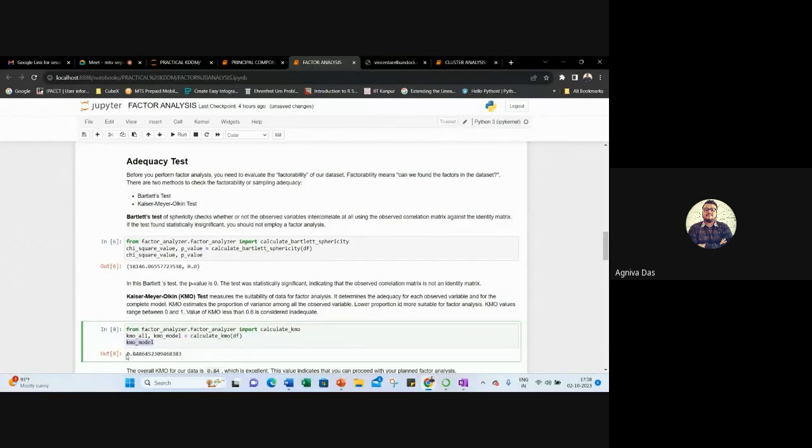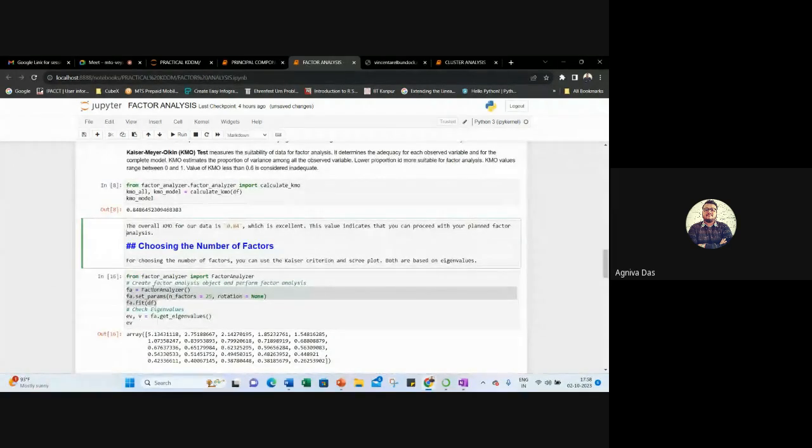We see it is 0.848625, which is very well above 0.5 or 0.6, so factor analysis might be very helpful here, and it is suitable for use. Now the overall KMO is 0.84.